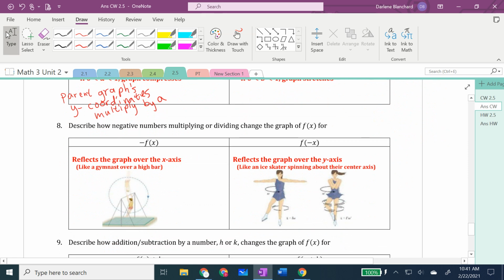And then the difference between multiplying outside the function by negative x causes the y coordinates to reflect. Multiplication inside the x causes the x coordinates to reflect as it spins around.